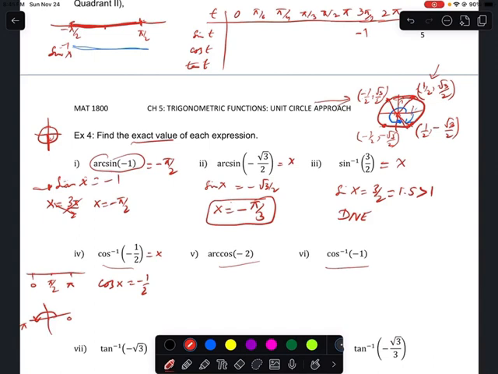Now next, we are looking at the cosine inverse of some negative values. Cosine inverse, if you recall again, lies in the interval from 0 to pi. So the answer for this will lie between 0 and pi.